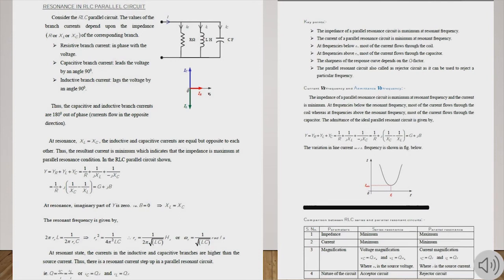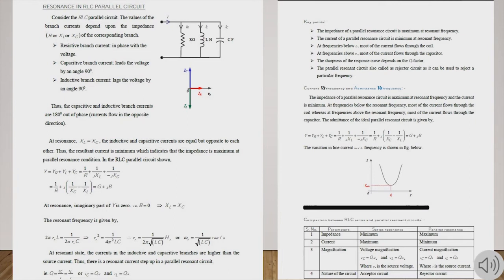At resonance, XL equals XC, the inductive and capacitive currents are equal but opposite to each other. Thus, the resultant current is minimum, which indicates that the impedance is maximum at parallel resonance condition.